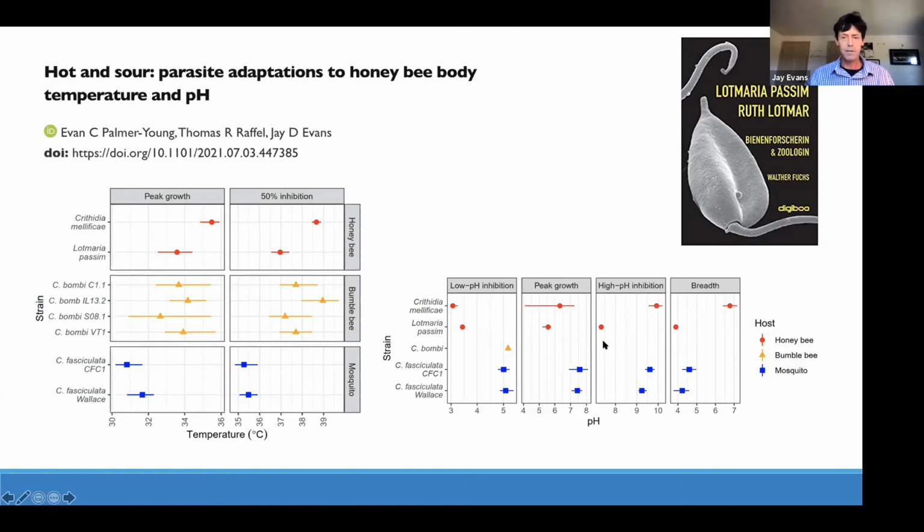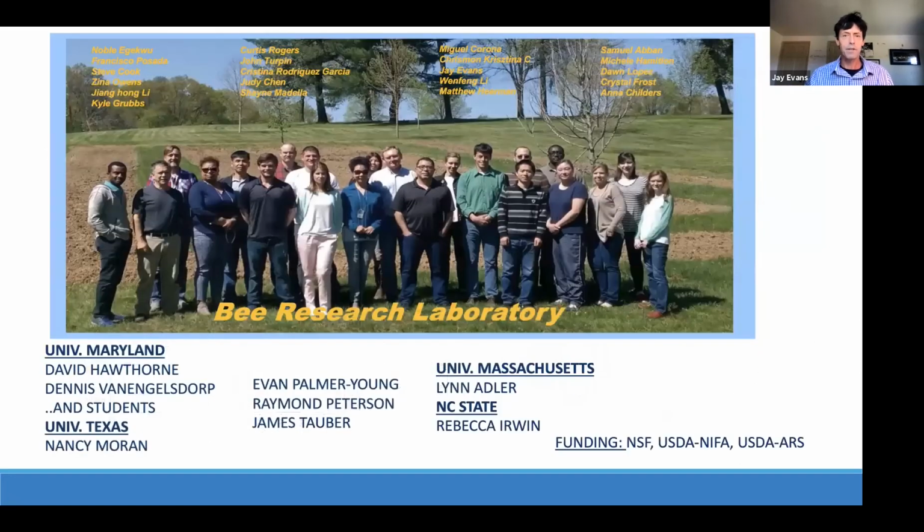We don't know. It's probably not a mosquito, which are down here, because they actually look more like the historical bee one. But there's something different about these two bee parasites, and whether it leads to a way to control Lotmaria, I'm not sure, but it's been intriguing trying to sort out the physiological changes there.